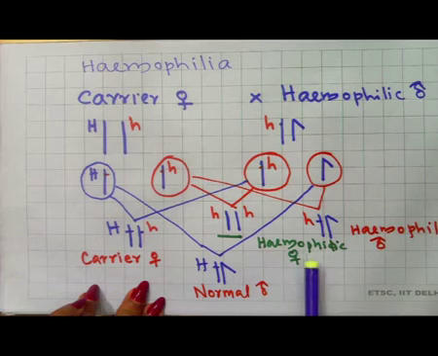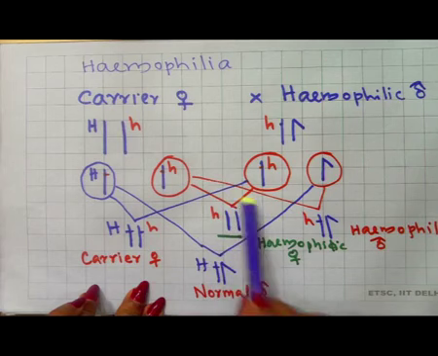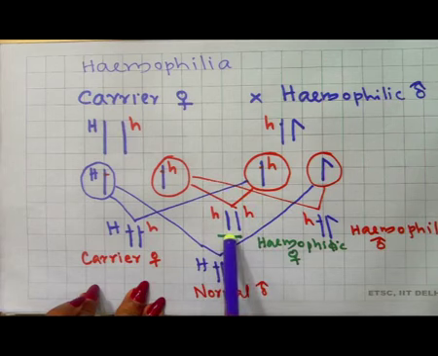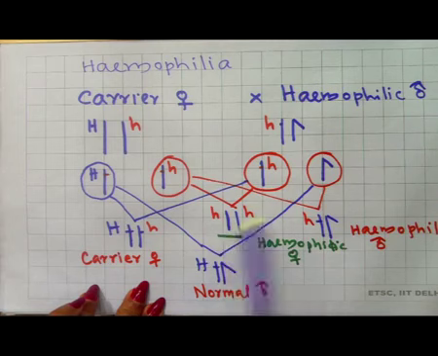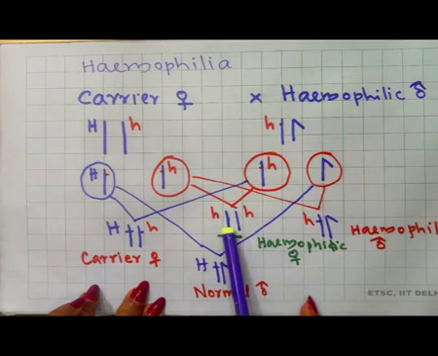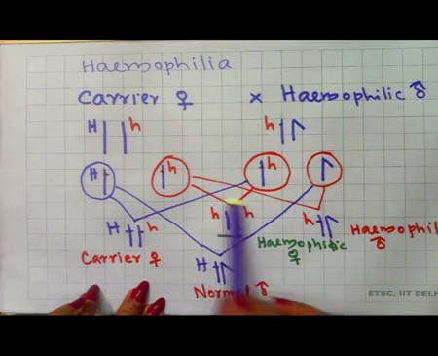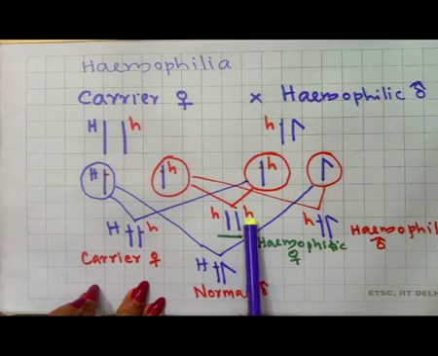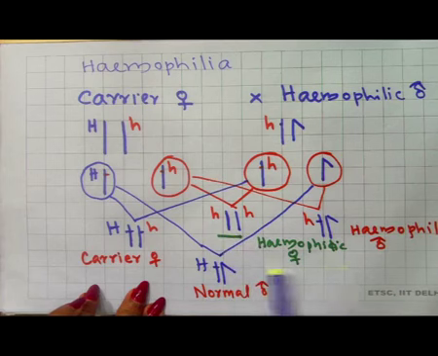Here comes the emphasis. A female individual can become hemophilic in only one particular condition. You can see here it is in homozygous condition. Both the X chromosomes must contain the allele small h for hemophilia. Then only the female individual will be affected.